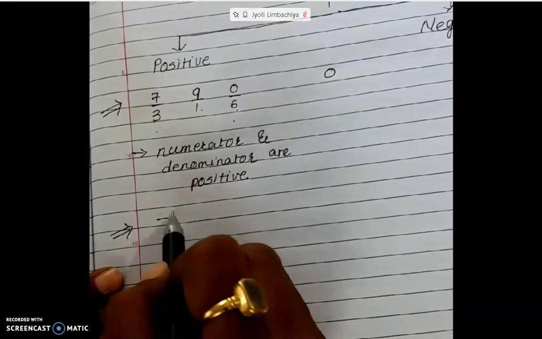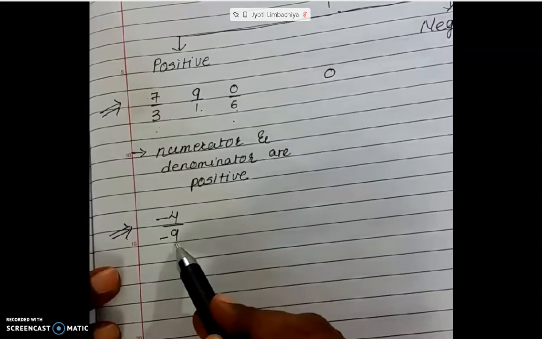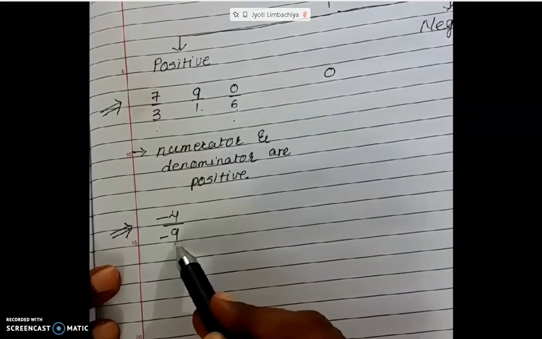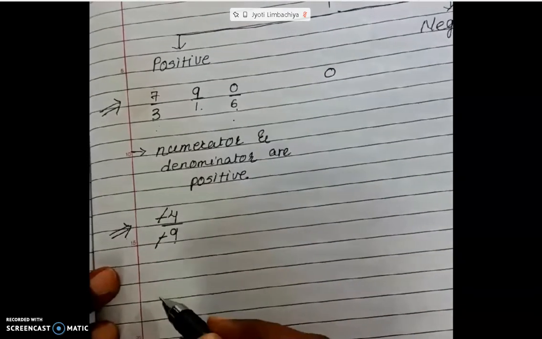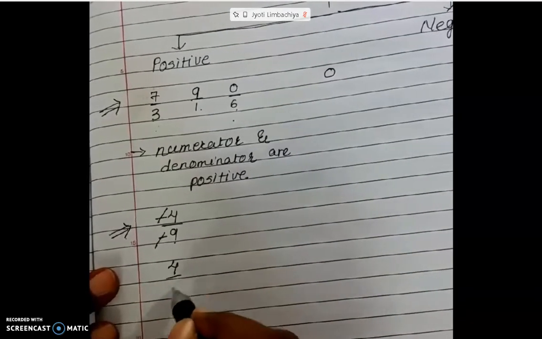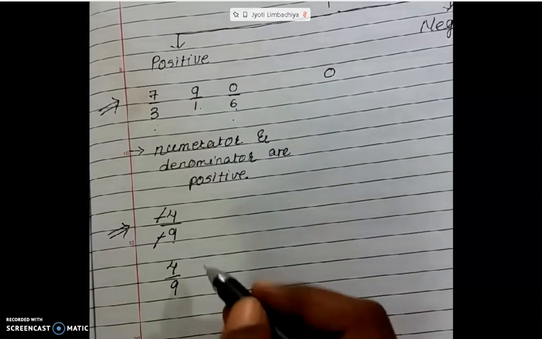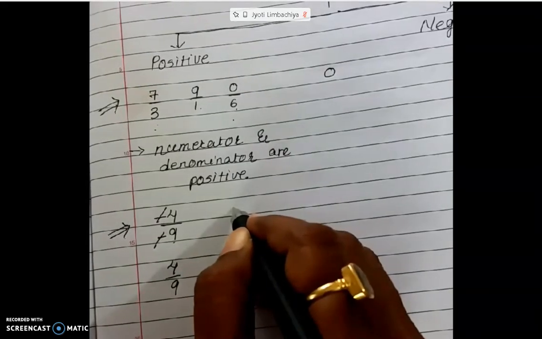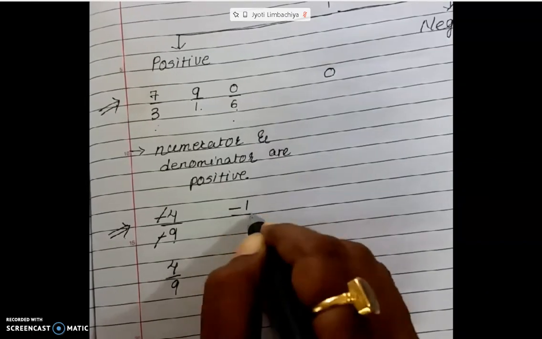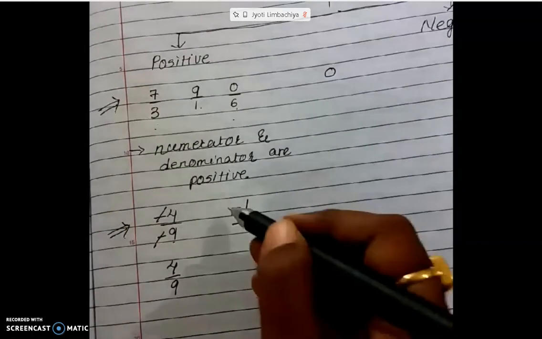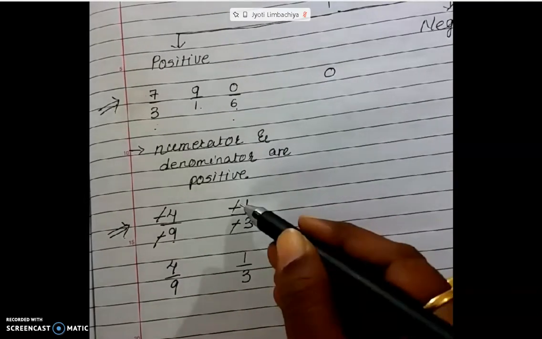Let's say I have minus 4 upon minus 9. Now they both are negative integers. So can we call it a positive rational number? Of course, yes, because I can cancel this minus sign and now I am left with a positive rational number. Alright? Similarly, if I have, let's say, minus 1 upon minus 3, the same thing can be written as 1 upon 3 because I can cancel out minus sign.